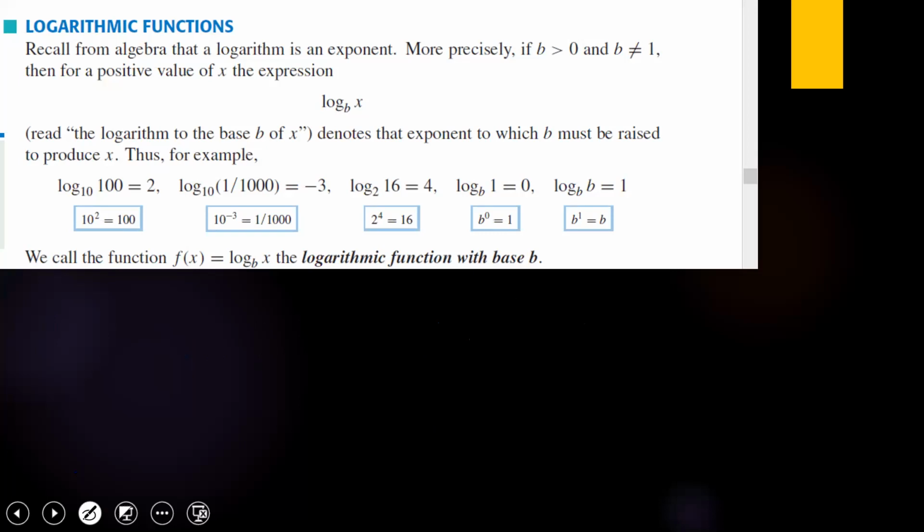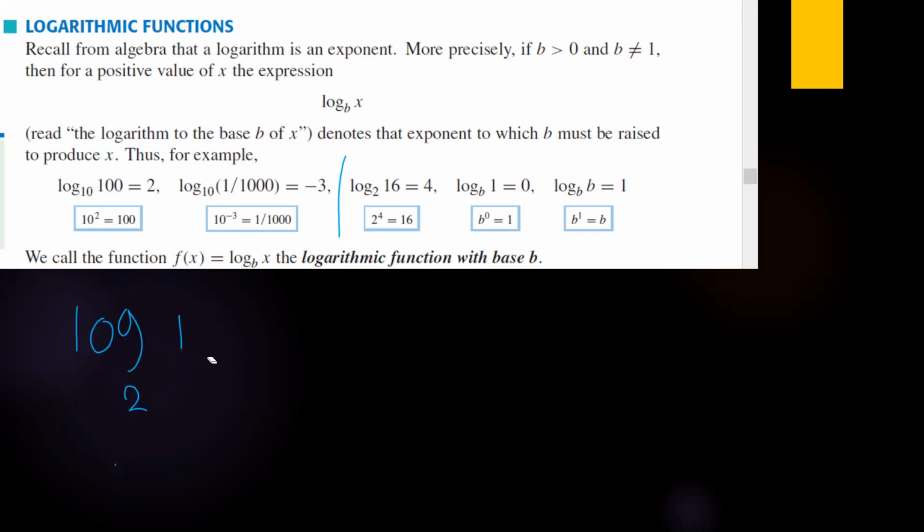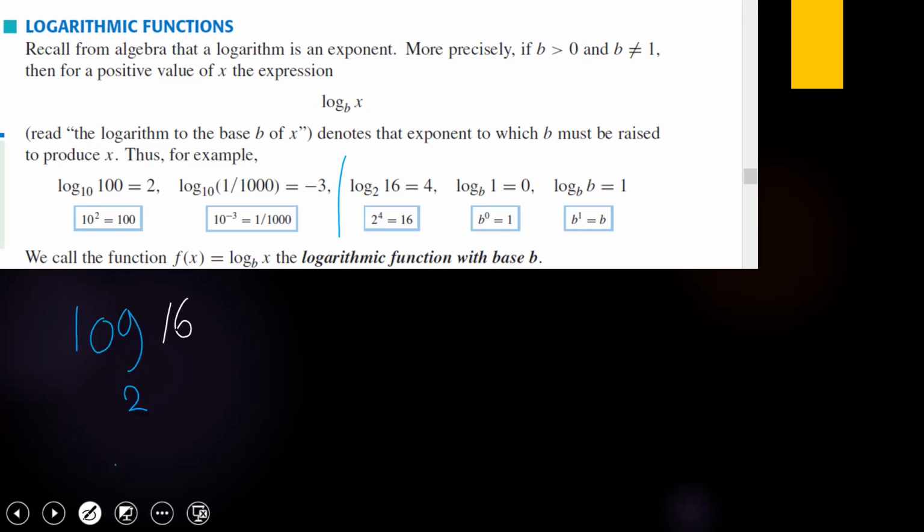But there are other types of logarithm, like logarithm to the base 2 of 16. What does it mean? I will ask myself, what is the number that I raise 2 to, so that I will get 16?